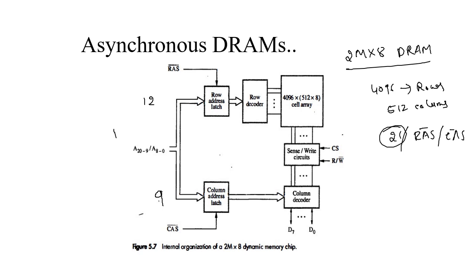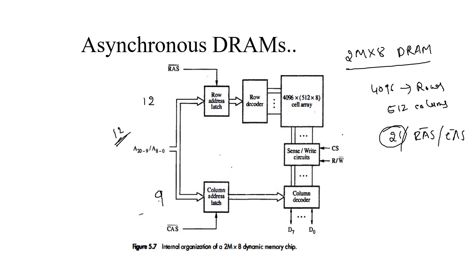We will have the 12 address lines, and in the same 12 address lines, or address bus, the row address as well as the column address are transferred. So the row address and the column address are multiplexed on the same bus line.